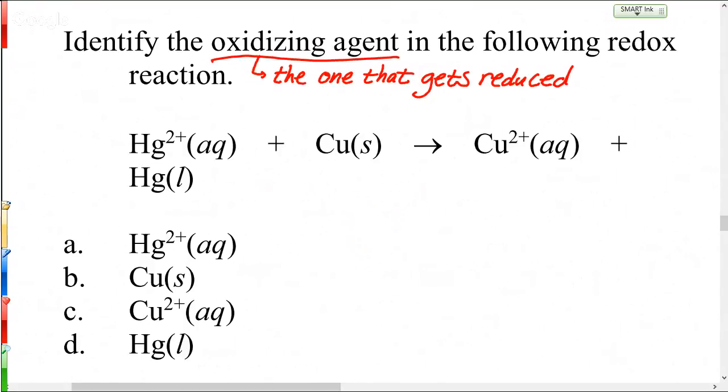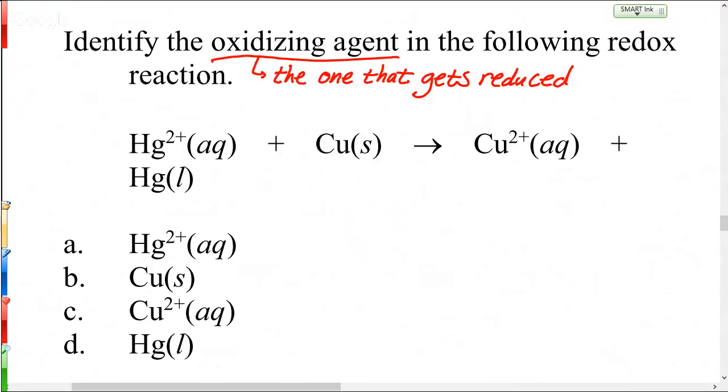So you really have to read the question carefully, because if the question asks which compound is oxidized in the following reaction, or if the question says which is the oxidizing agent, that actually has the opposite answer. So in this particular one, which one is the oxidizing agent? Which thing is getting reduced?